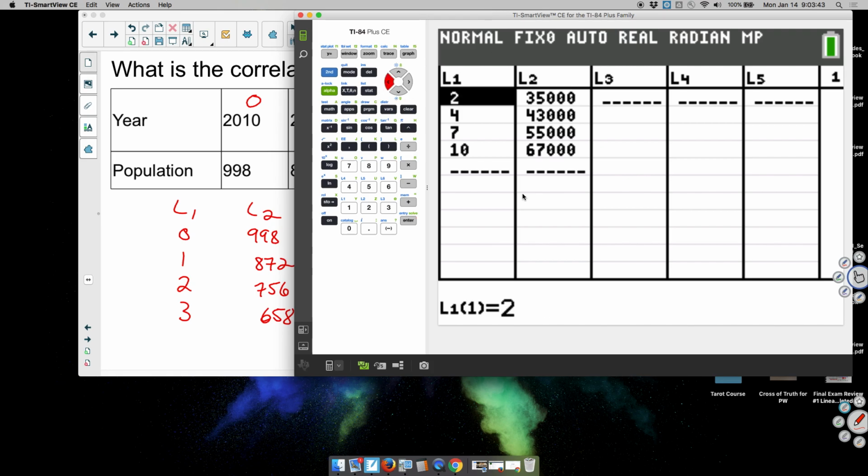My L1 is going to be 0, 1, 2, 3. Here I got 998, 872, 756, 658. Whoa. Rookie mistake. I didn't clear my list.